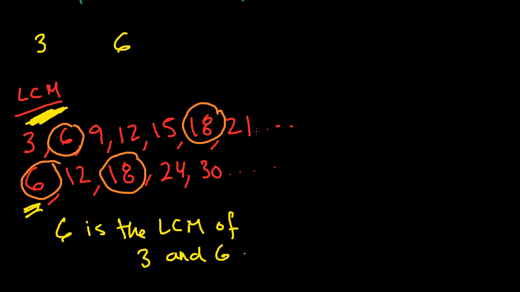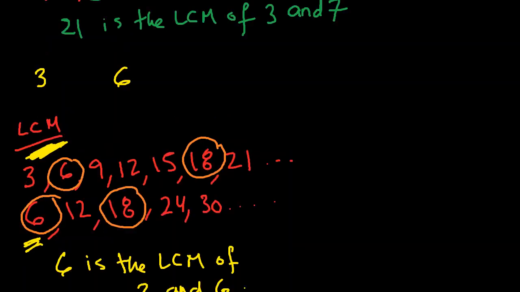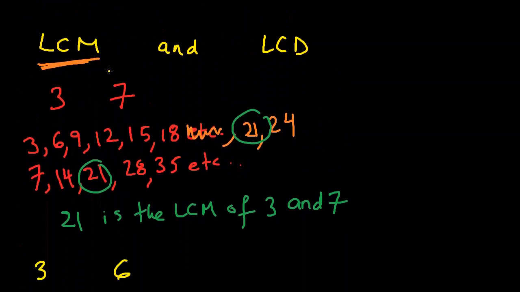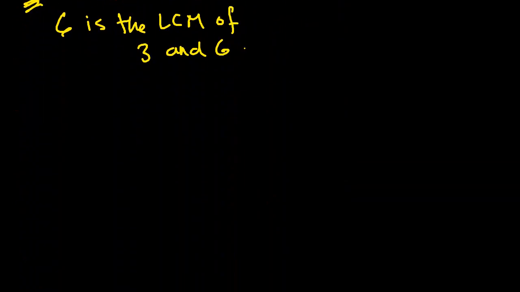Now going back to the beginning of our video, we wanted to know the difference between the lowest common multiple and the lowest common denominator. Now we know what the lowest common multiple is. Now what is the lowest common denominator? You usually hear this term when we deal with fractions.